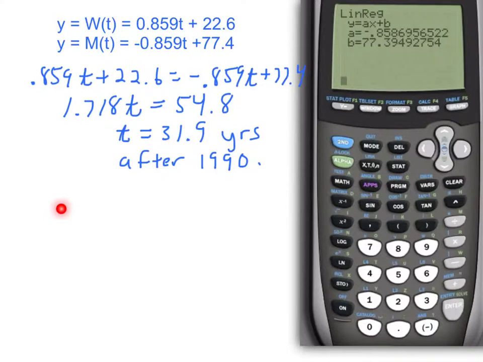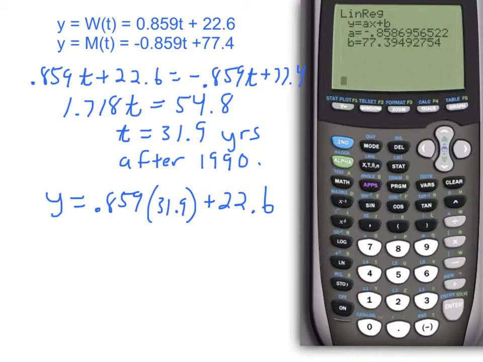It probably needs to be rounded just a little, but we'll have y equals 0.859 times 31.9 plus 22.6. And when you put that into your calculator, it comes almost to exactly 50. Not quite because of round-off error, but it's really close to 50. And that's telling us that when they do finally become equal, they'll both be 50%.